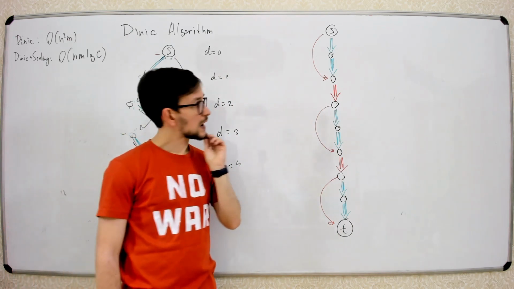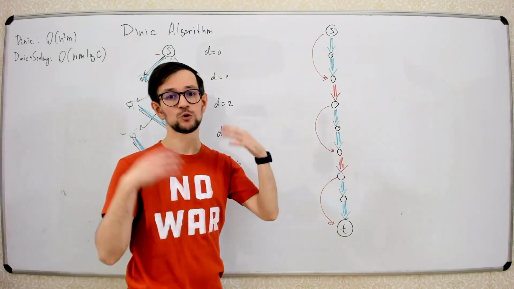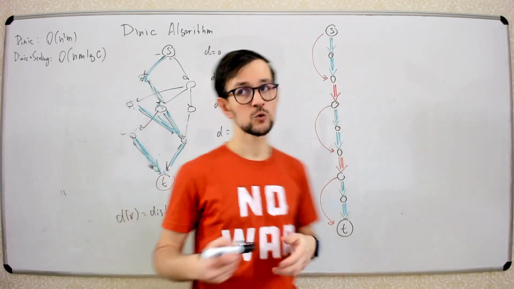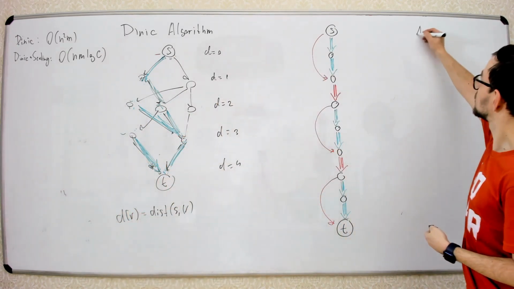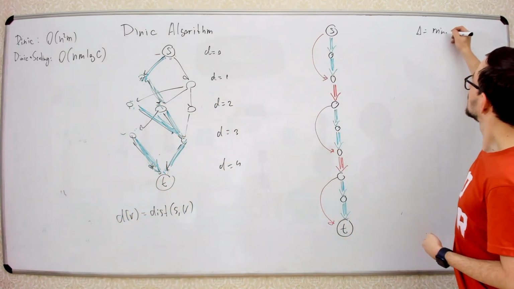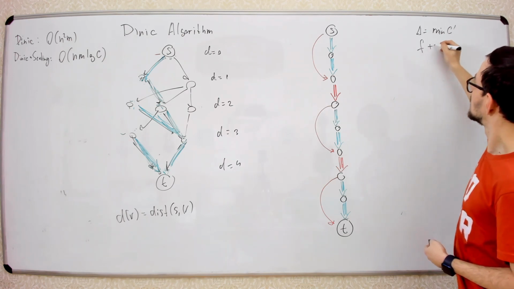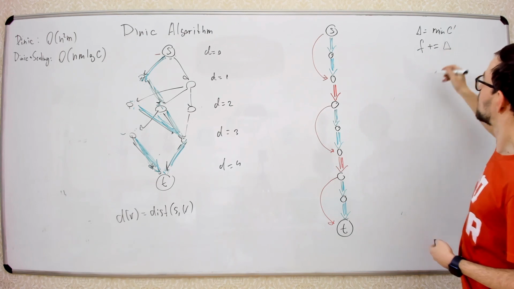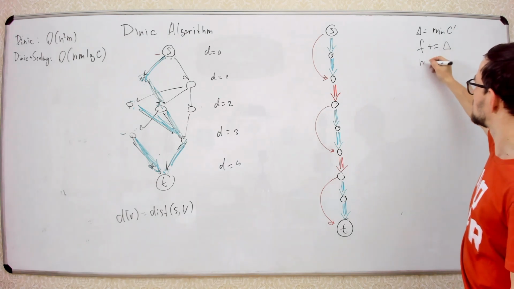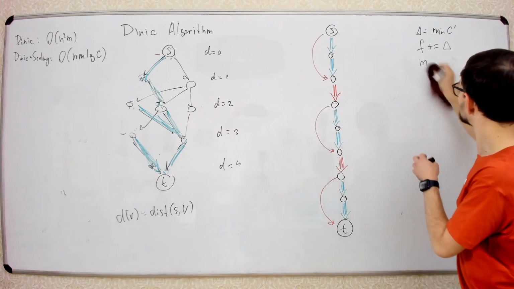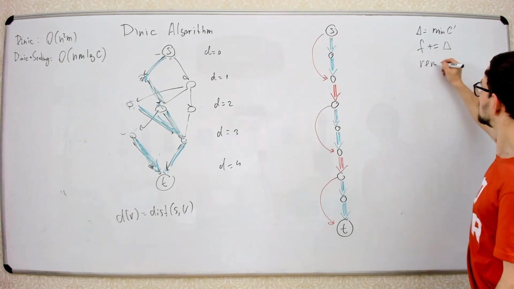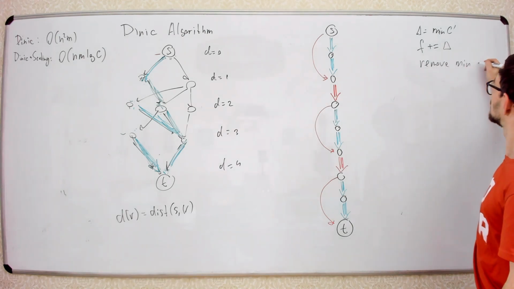Now, after you find this path, you need to do all the same things. You calculate the minimum: delta is the minimum capacity on this path. You need to increase the flow by this delta, and you need to remove the minimal edge.